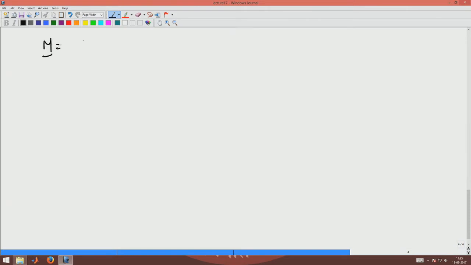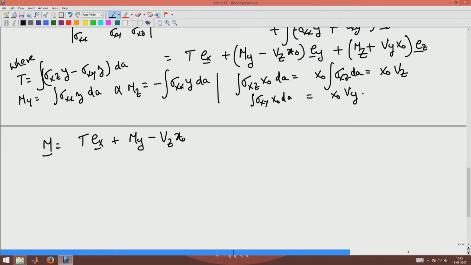Moment M is given by T into Ex plus My minus Vz x naught into Ey plus Mz plus Vy into x naught into Ez.